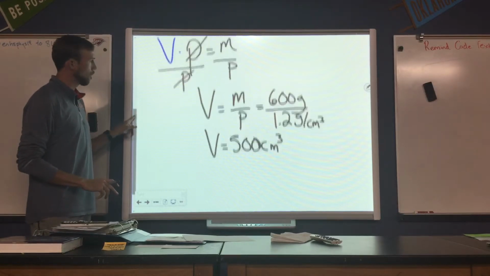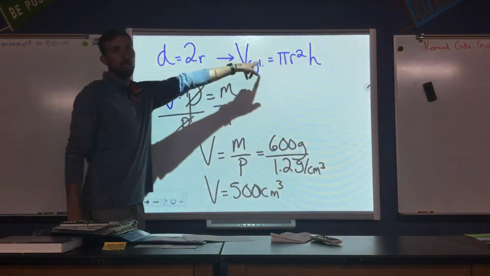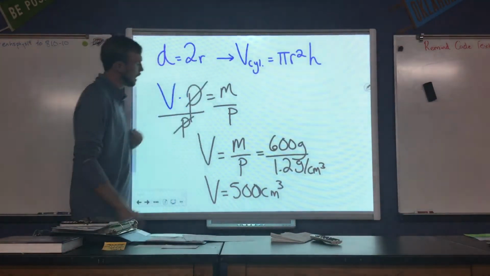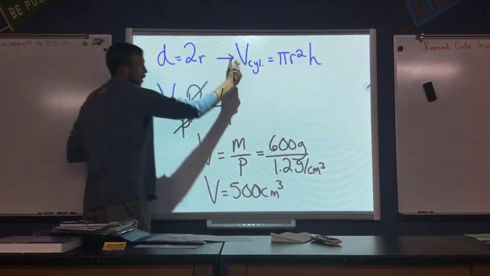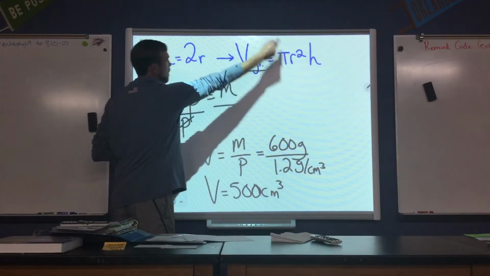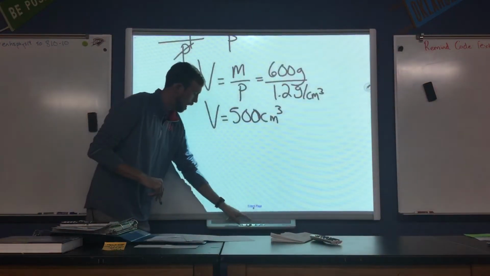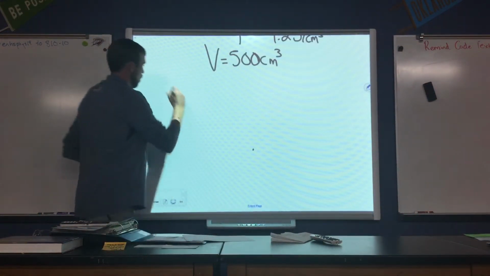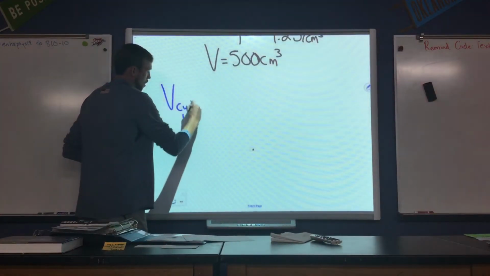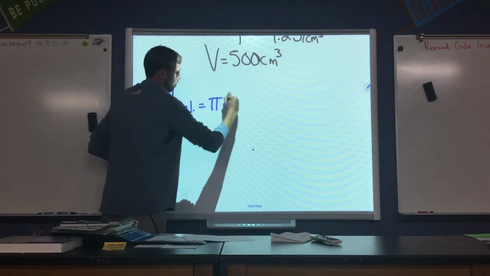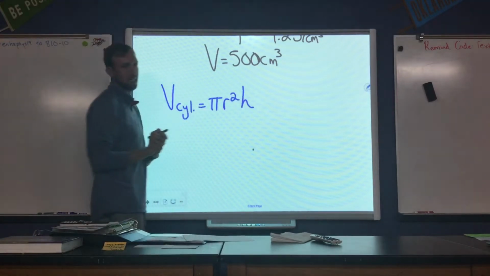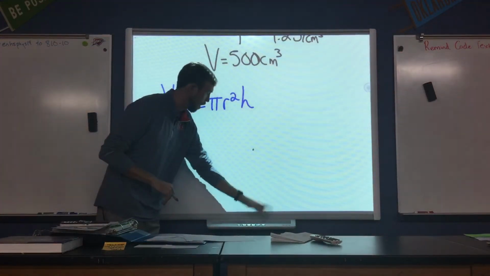So now we know our volume, we can plug into our equation for volume. We can use that to find radius, and then eventually use that to find diameter. So we're going to keep working. Our volume of a cylinder is equal to pi multiplied by the radius squared multiplied by the height. So I'm going to plug in the things that I know.